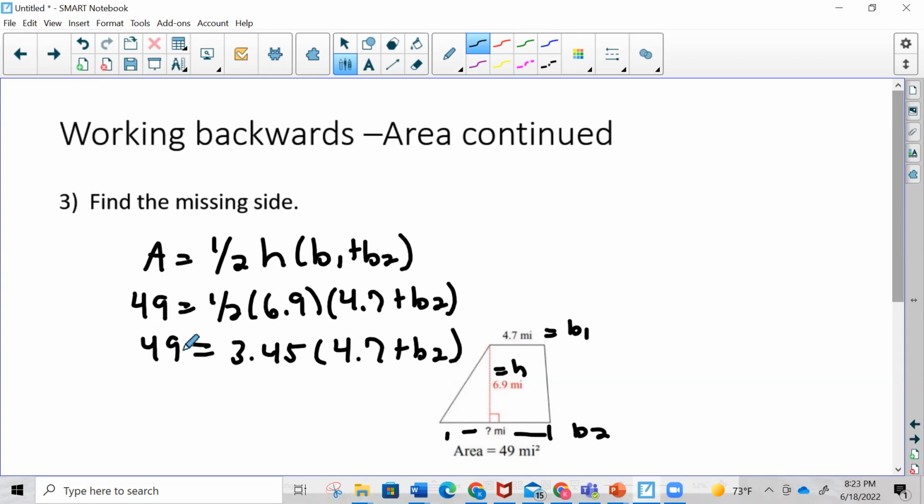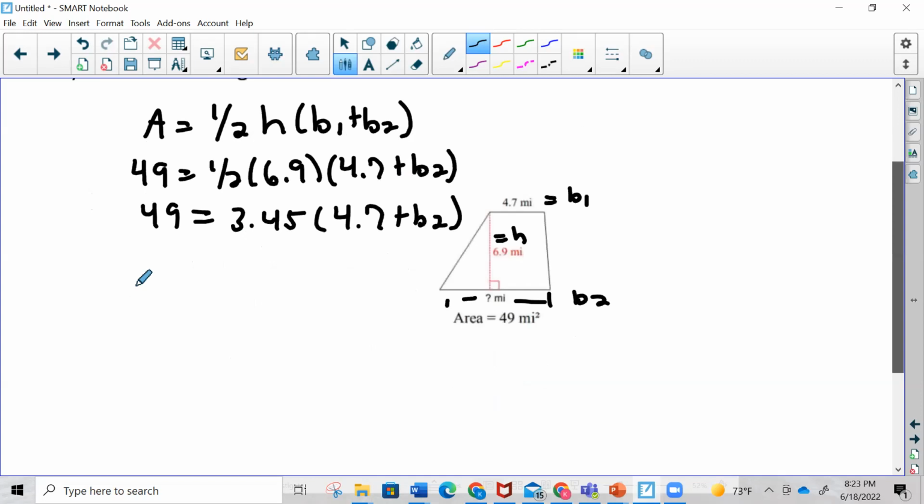From here, there's 2 different ways to solve it. One way is that, because I'm multiplying these, I could do the inverse and divide both sides by the 3.45. Here it cancels.